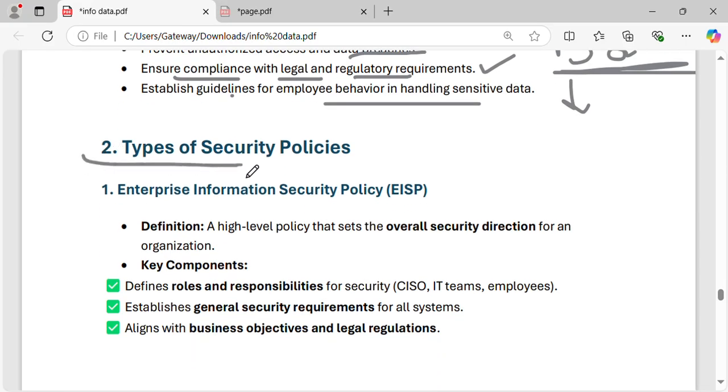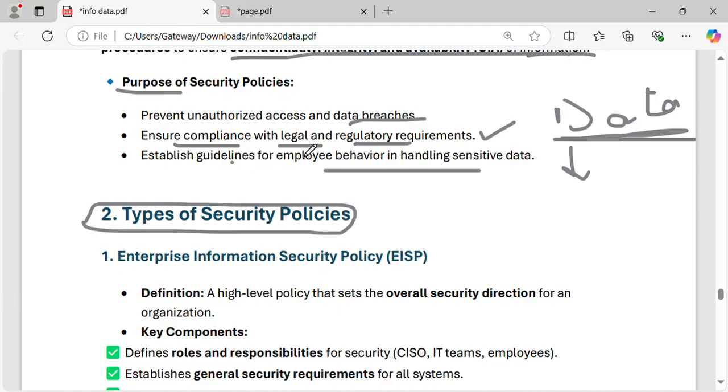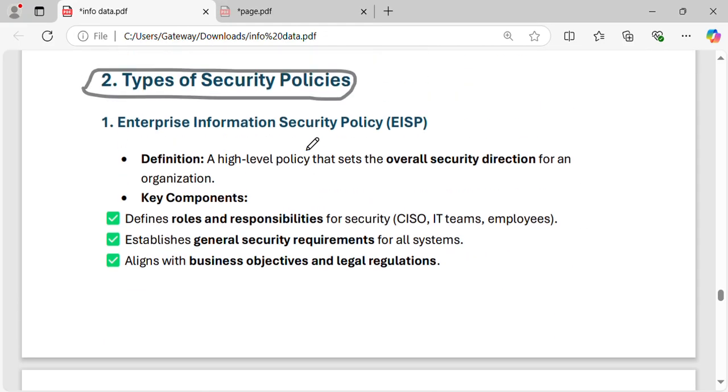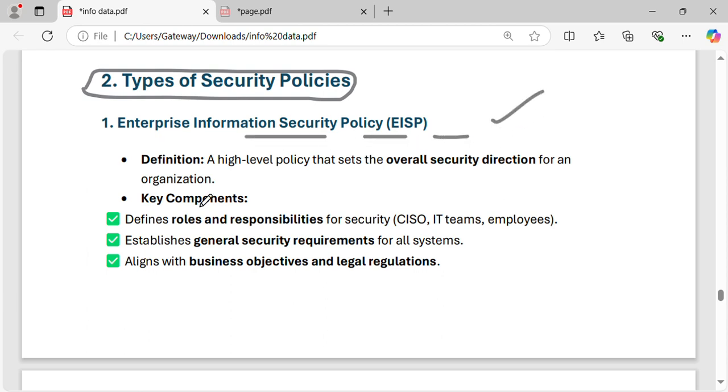And then we have types of security policies. So there were three purposes: preventing unauthorized access and data breaches, compliance, and guidelines. This is where we're studying security for organizations, right? Types of security policies. Enterprise information security policies, for big companies, are a high-level policy that sets the overall security direction for an organization and defines rules and responsibilities of security for the CISO, IT teams, and employees.